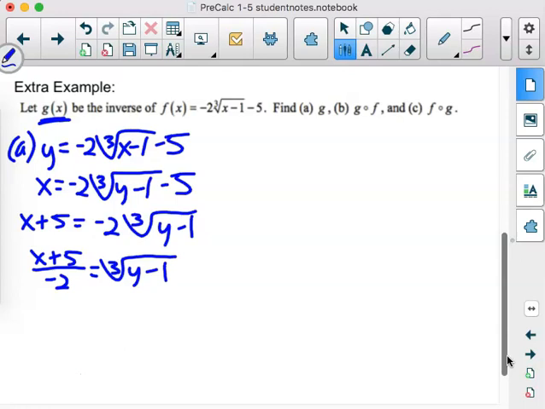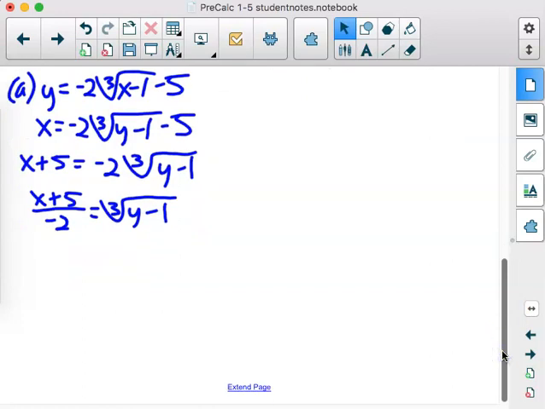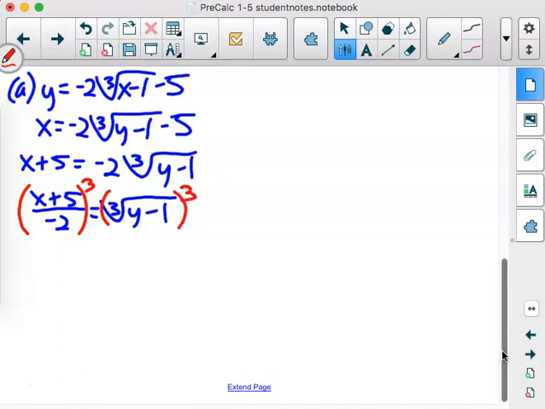Oh my. Then I'm going to have to cube both sides. I've got to get rid of that radical. So now in this step I start to think, okay, I don't want to figure out what x plus 5 times x plus 5 times x plus 5 is.